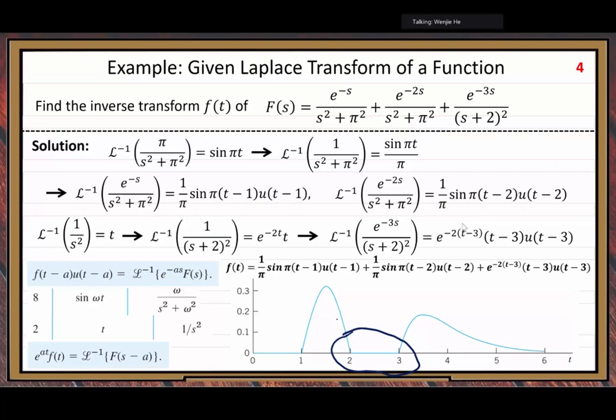Before point 2, it has value 0. So between 1 and 2, you only draw the graph of the first term, which is determined by the sine part. Now let's look at the interval between 2 and 3: the first term non-zero, second term non-zero, third term 0.